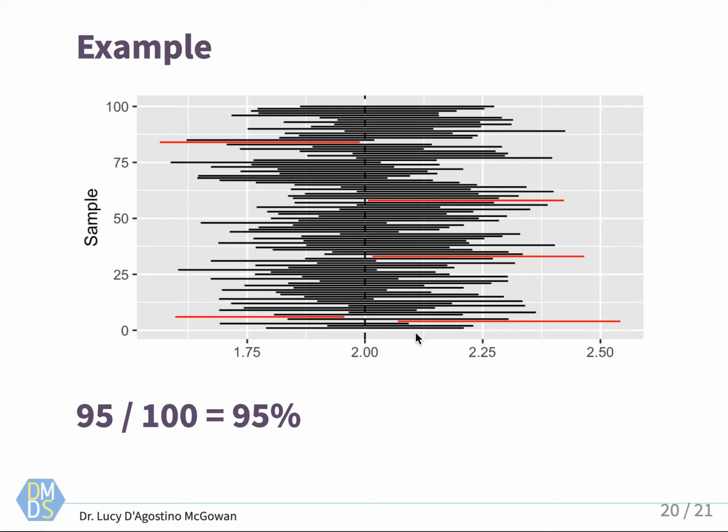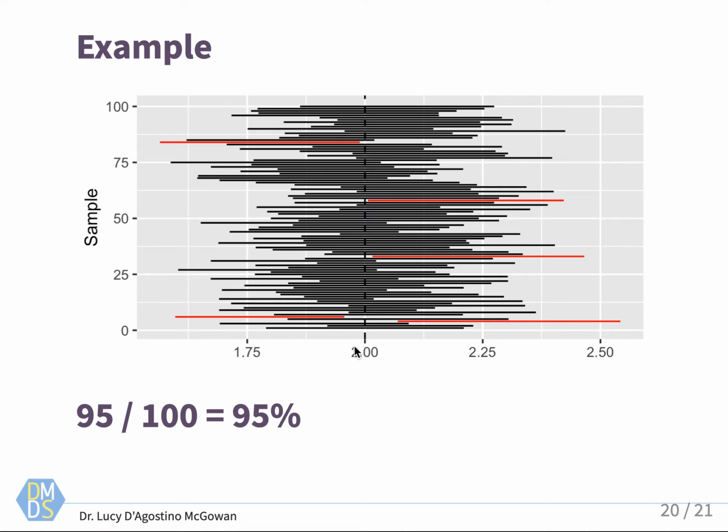But what I do know is if I were to repeat the same procedure on different samples that are drawn from the same population many, many times, I know that 95% of the intervals that are calculated will contain my truth. So it gives you some confidence in the procedure that you're doing. So the correct way to interpret a confidence interval is you can state what that confidence interval is.